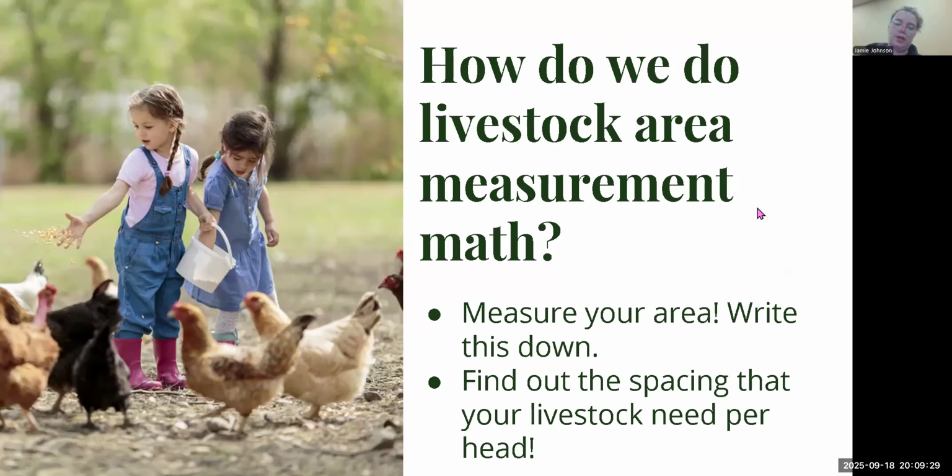How do we do livestock area measurement math? First, you're going to measure the area that you're trying to put things in. Specifically, today we're going to be talking about chickens. Once you measure your area, write that down. Then you're going to find out the spacing that your livestock need per head. What does an individual chicken need, based on all the fun livestock science that everyone has done before us?